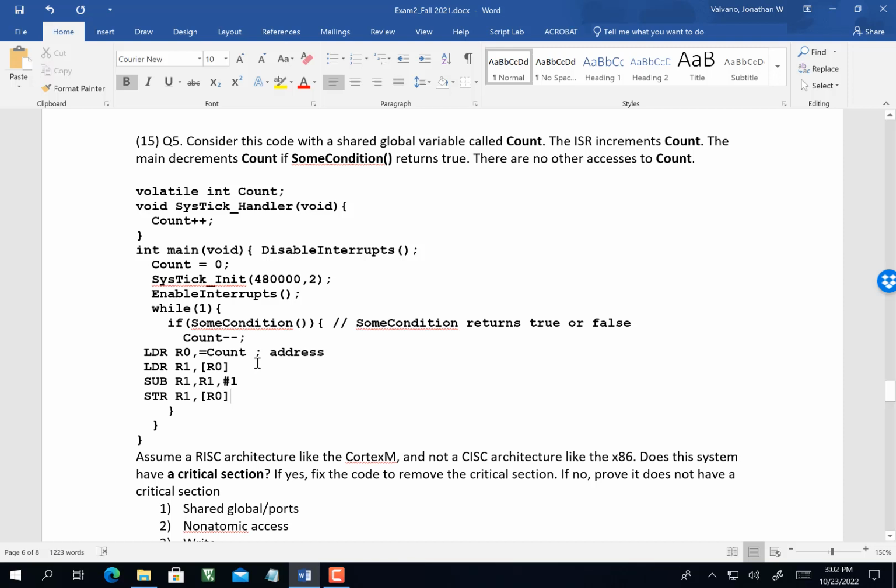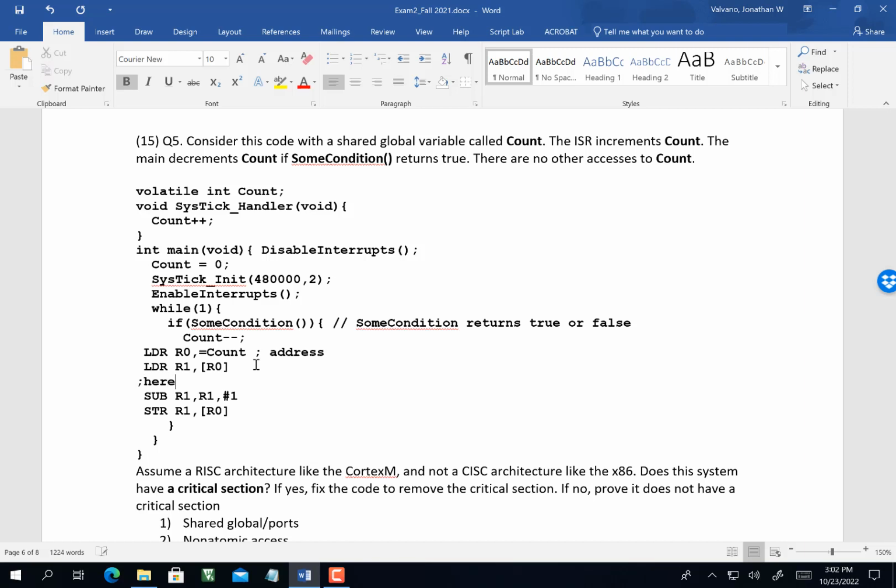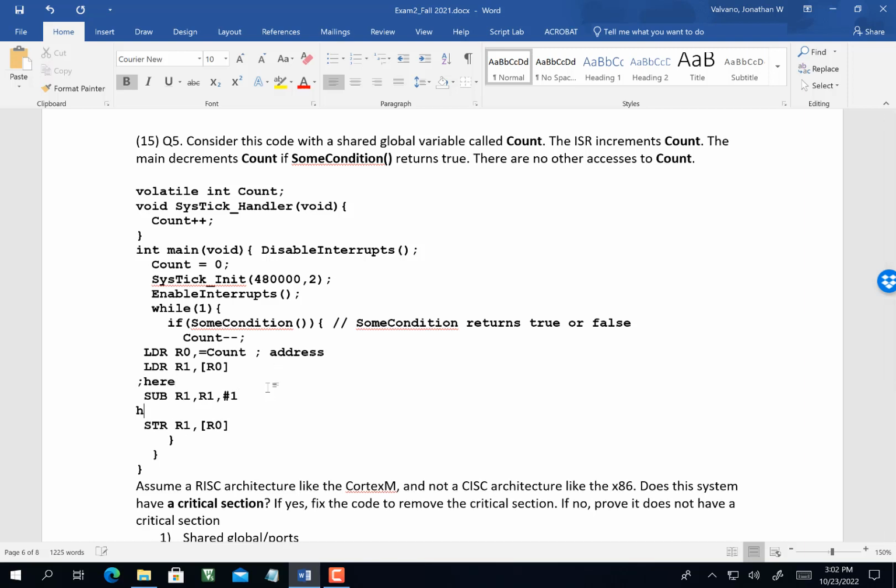If the interrupt were to occur here or here, if we interrupt here or if we interrupt there, we're going to get the wrong answer.